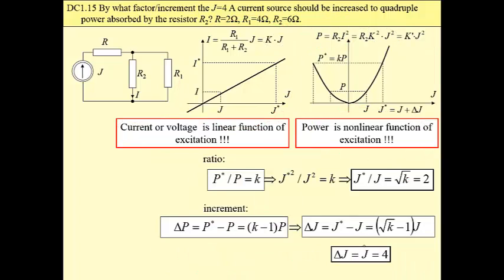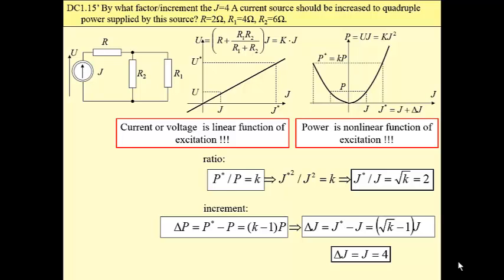In our case, K, the ratio of power to nominal power, is 4, which means that the ratio of input signal of our current excitation should be the square root of 4, which is 2, and this gives an increment of 4 amp.